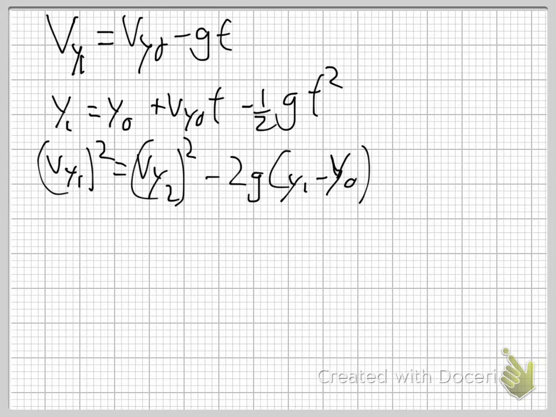I think a lot of you were using this equation, and when you plug in 0 meters per second there, that's going to let you solve for the time until the peak, so the peak of its motion.